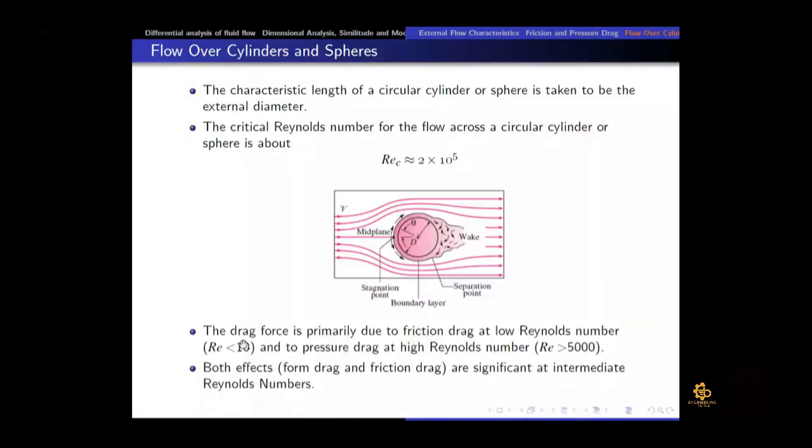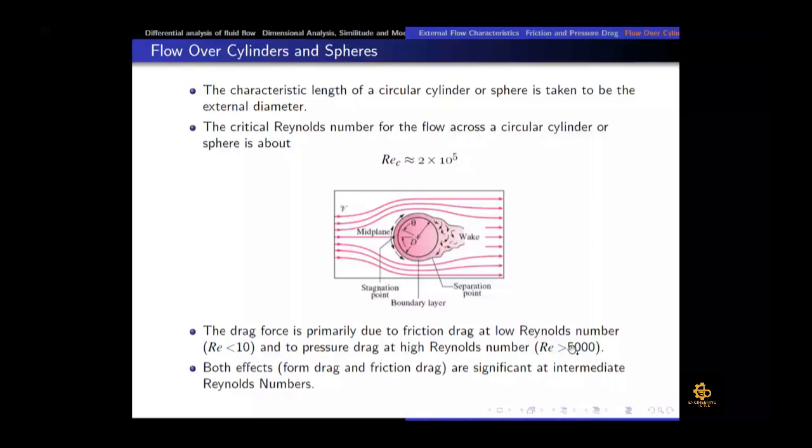When Reynolds number is less, friction drag is predominant, and when Reynolds number is more, then the dominant component of drag would come from pressure drag. Both effects, pressure drag and friction drag, are significant between 10 and 5,000. So it means that in between 10 and 5,000, both contribute.